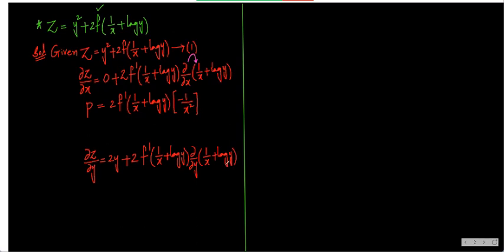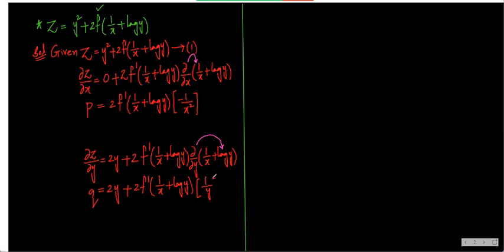Now this is equal to q, which is 2y plus 2 times f dash of (1 by x plus log y) into, now you tell me where the derivative will go. It goes to the log y only, so it will be 1 by y.